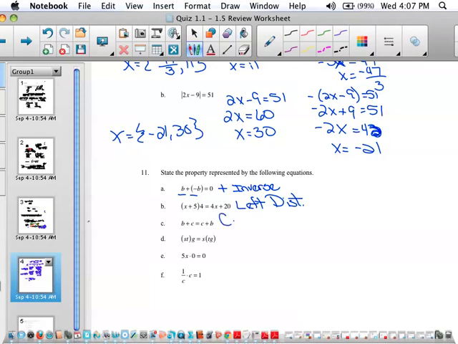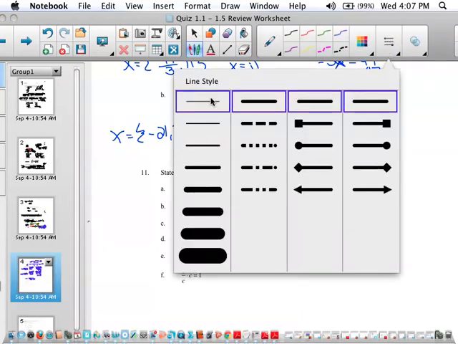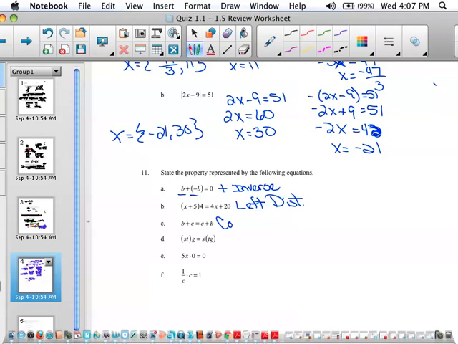C will be the commutative property. Sorry about that. The commutative property of addition. D, what's changing is what we're multiplying together first. On this side, ST first. On this side, TG first.